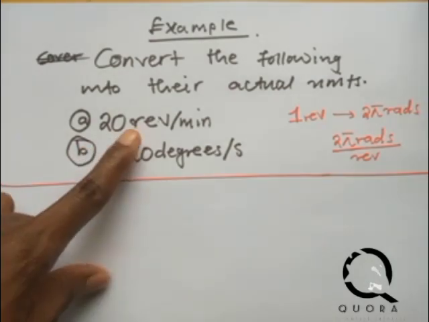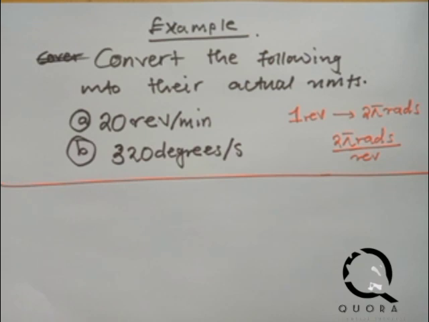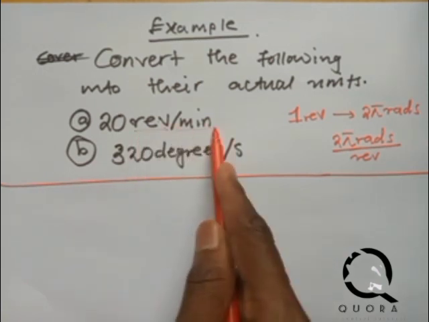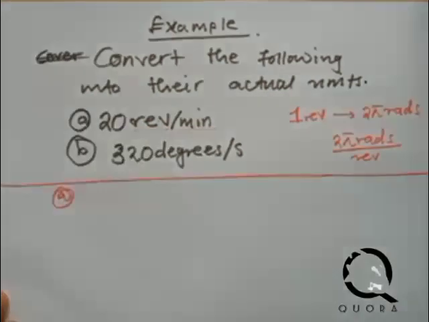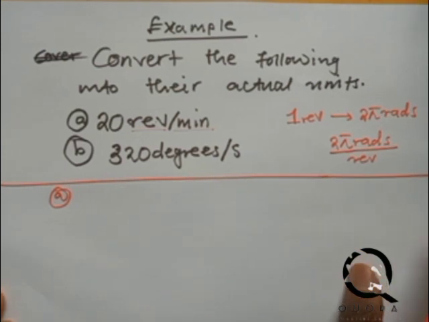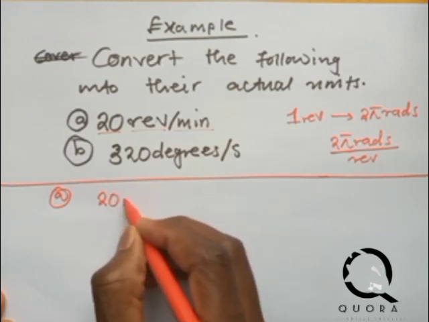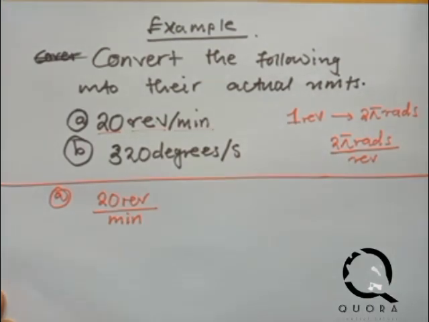Now, if you want to convert this, what are you supposed to do? Remember, we want to convert to the actual units. For something in revolutions per minute, the SI units we are going to get are rads per second. So for A, I'll write 20 revolutions per minute, with minute down here.